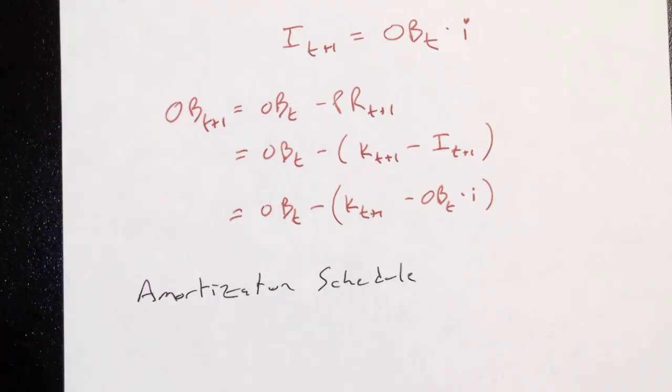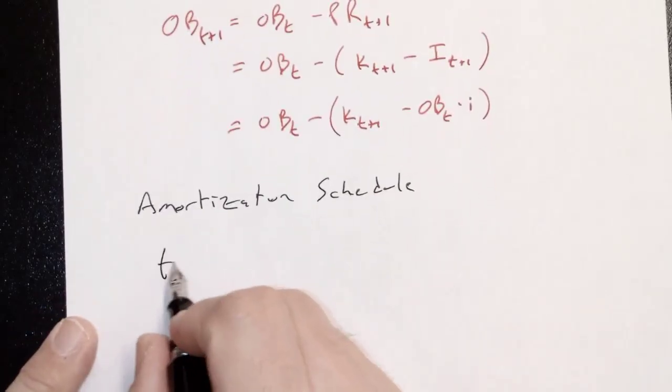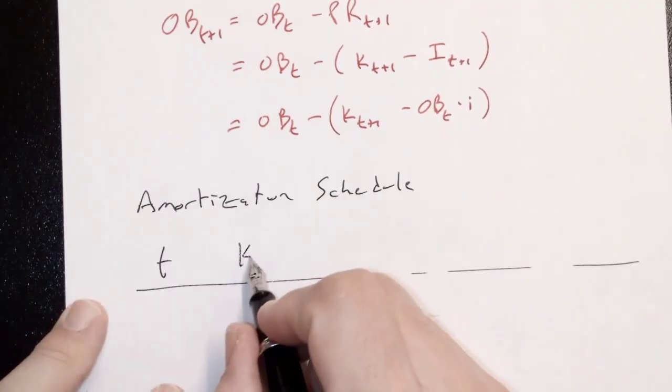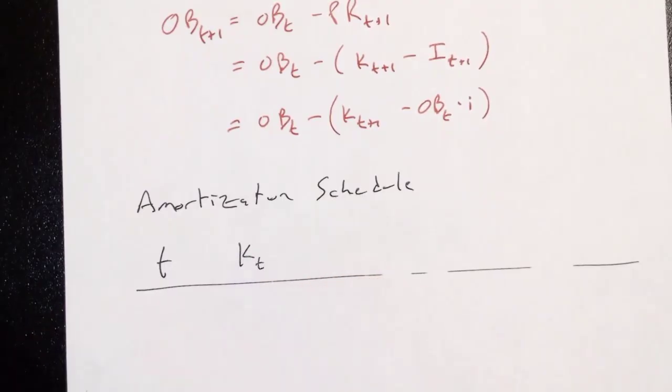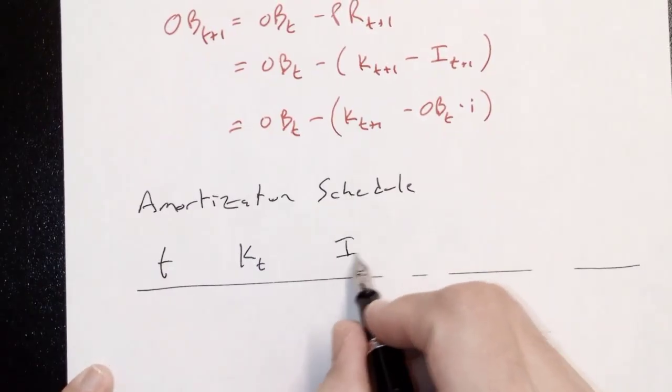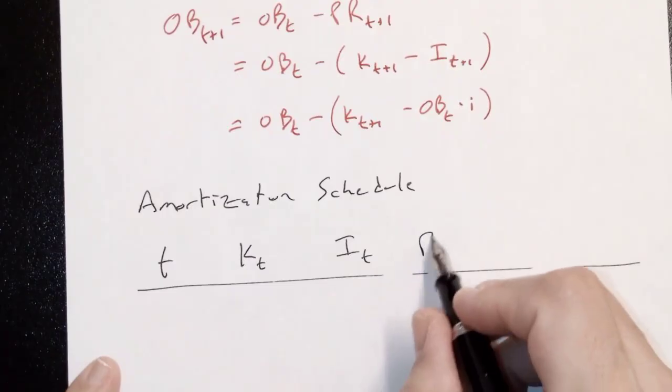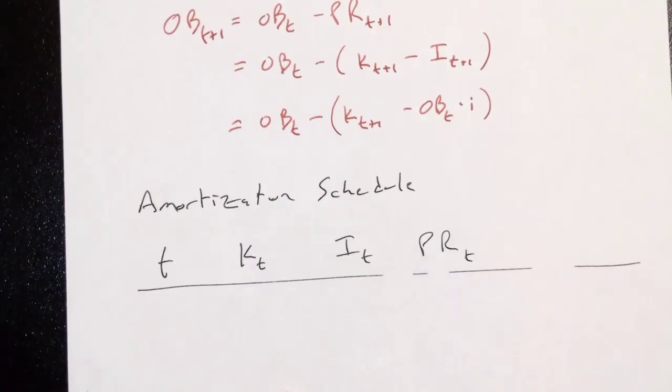So let's think about the example we did. We had time. We have a payment at each time. We have the interest at each time. We have the principal repaid at each time.